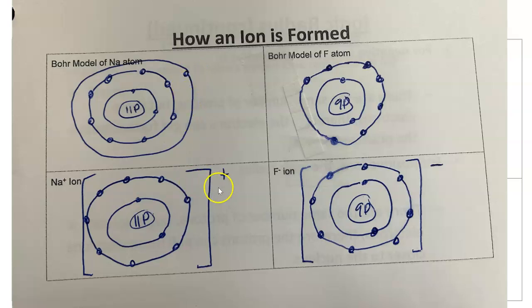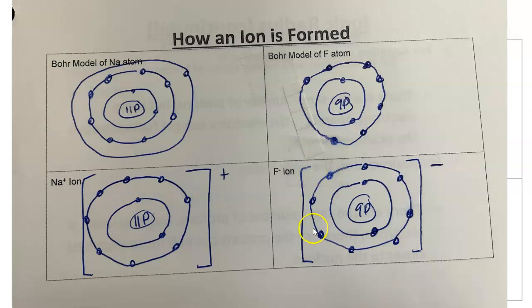And it now has a positive charge. In other words, it has 11 protons still. It's still sodium, but only 10 electrons. And for a Bohr model for an ion, we indicate it with brackets, and then we put a plus sign outside the brackets.